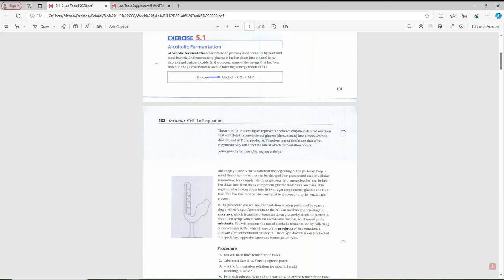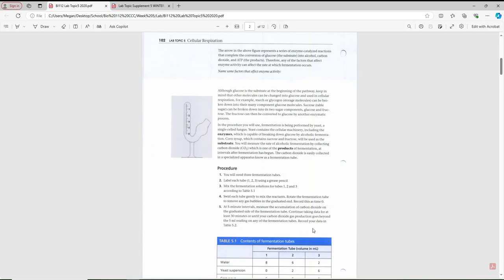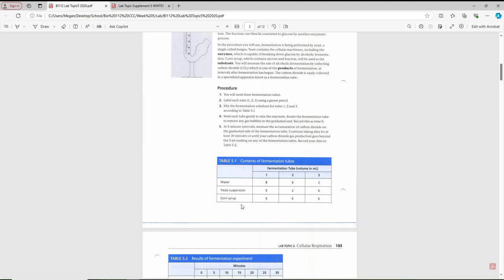In this particular experiment, you can see the contents of the fermentation tube and what would be the independent variable. The amount of corn syrup is the same in all the fermentation tubes, so the only thing changing is the amount of yeast.